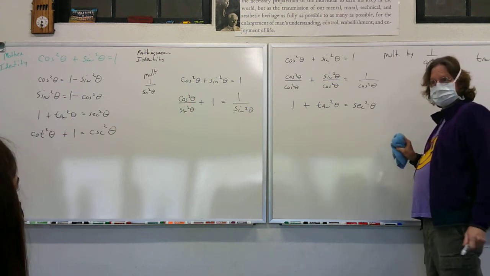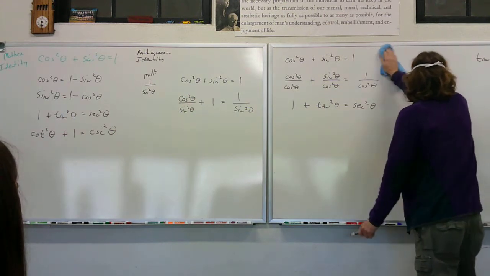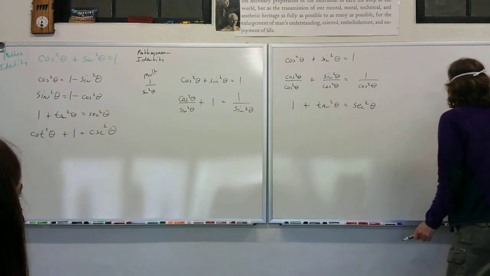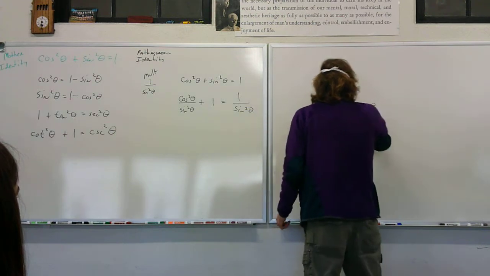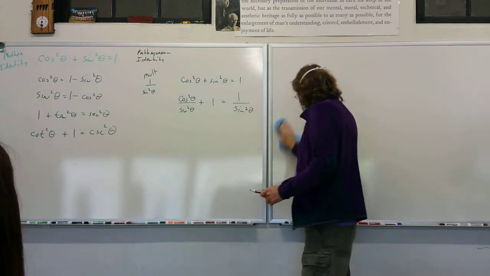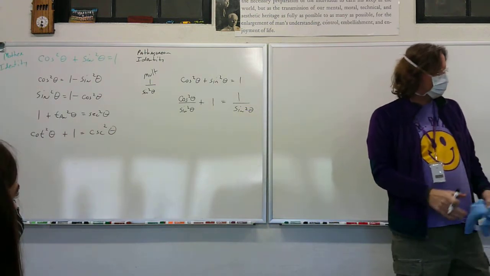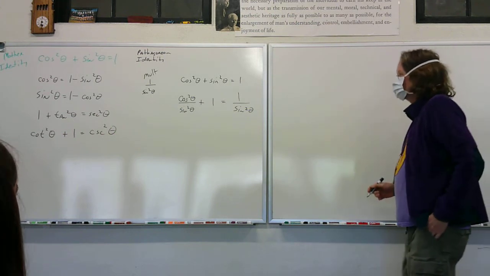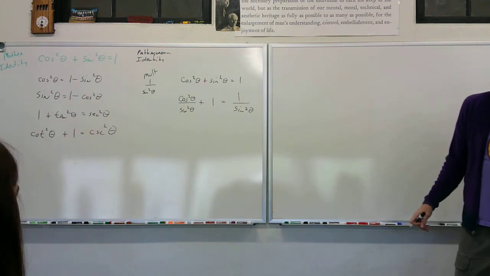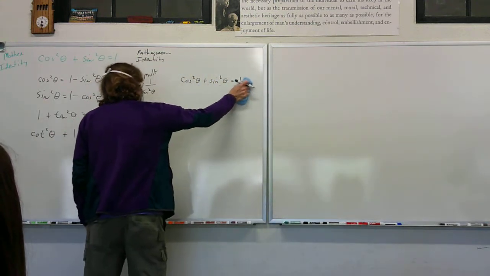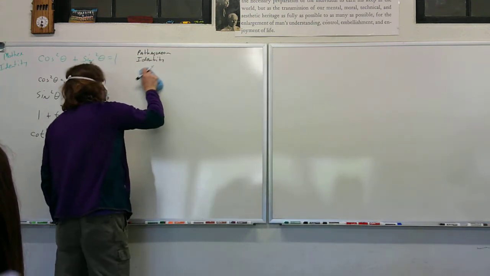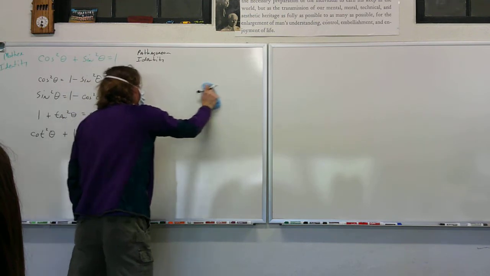Good deal so far? All right, now, the next few that I want to show you are, I'll use that space too. These rules, I can't show you why they work. All right? I don't even know if I could prove it.